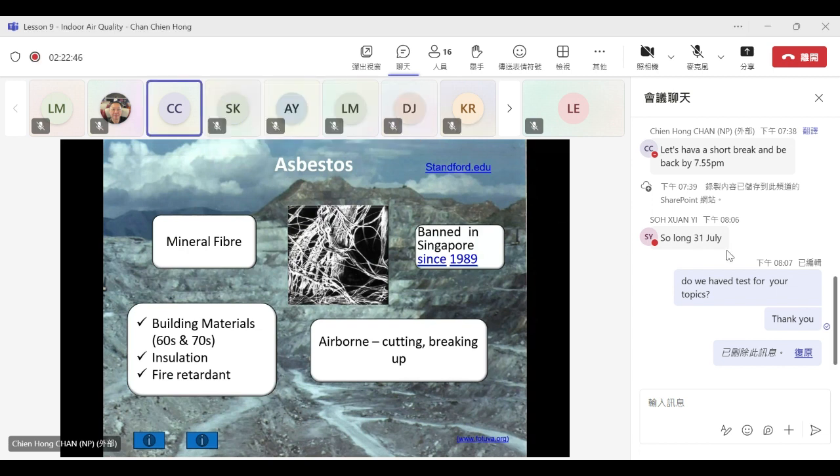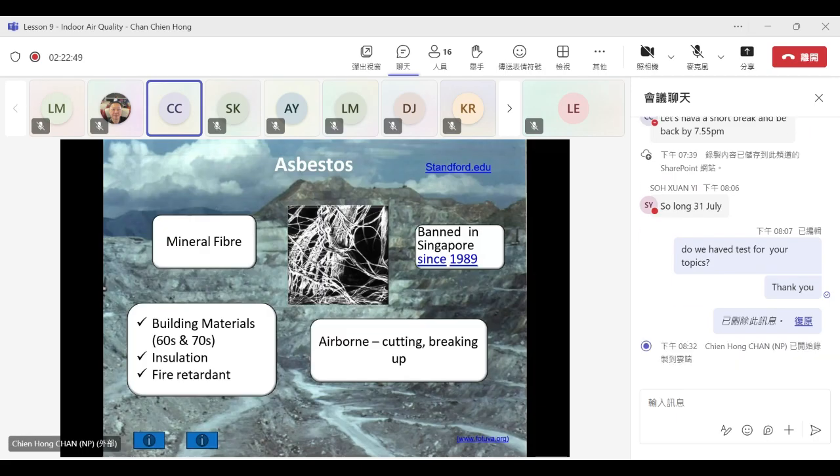The next issue that we need to face is the presence of asbestos in our indoor environment. Much research has been done on the harmful effect of asbestos. It is a building material commonly used in insulation and fire retardant products, especially in the 70s, when the world faced the energy crisis.